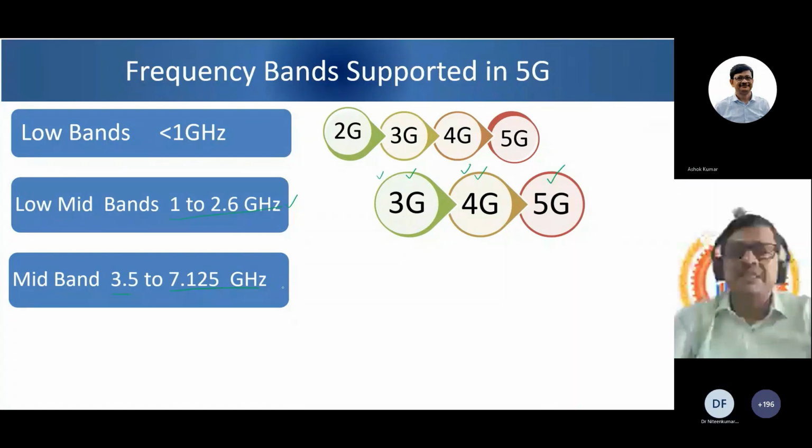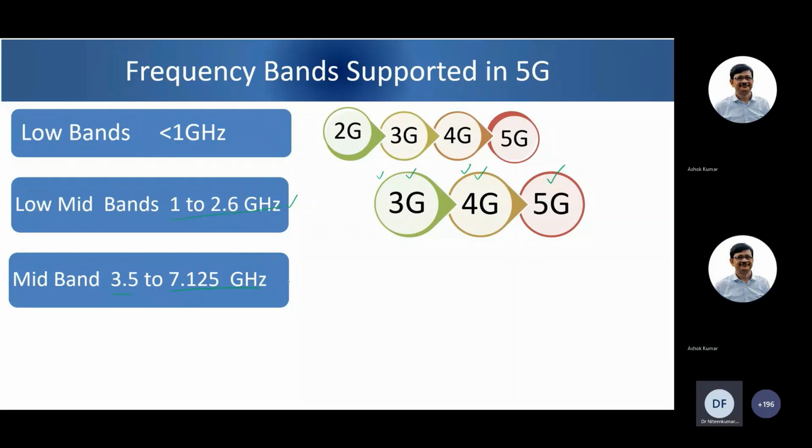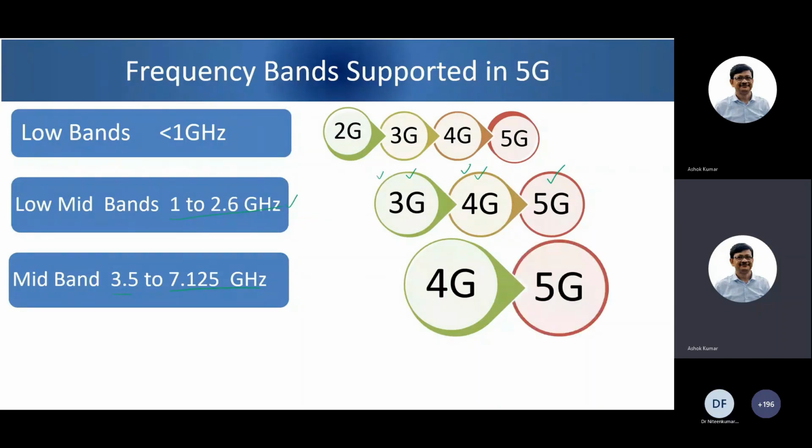These are also part of mid-band, but the good part is that these frequency bands are not used by 2G, 3G, and 4G almost across the globe. So these were sort of free, and these can be used by 4G and also by 5G.